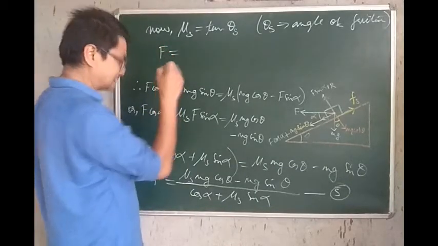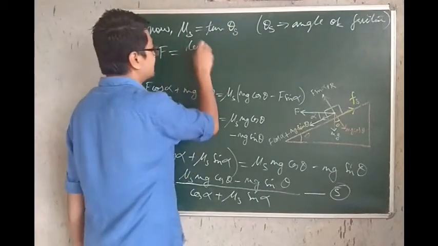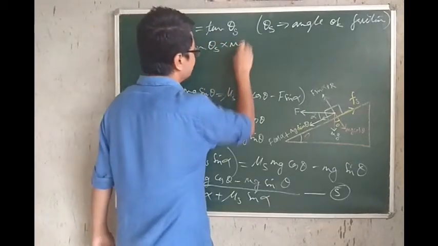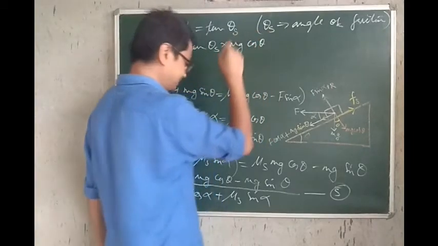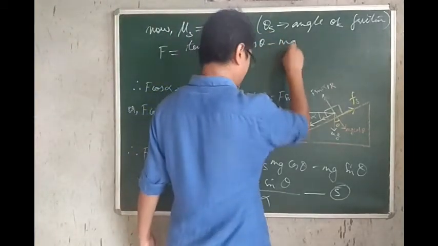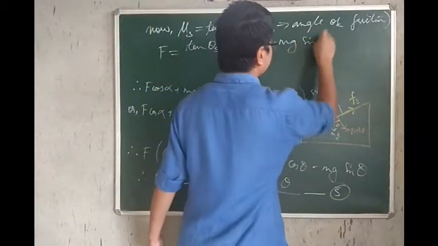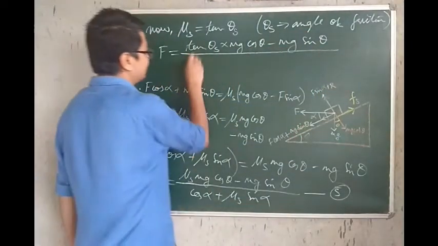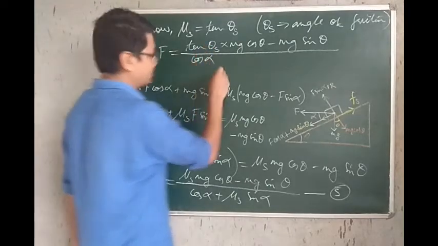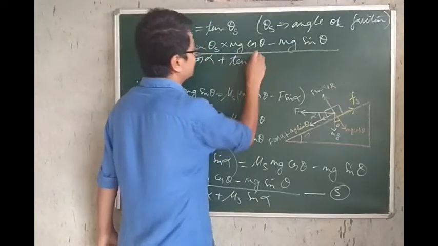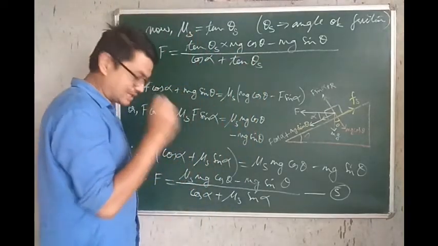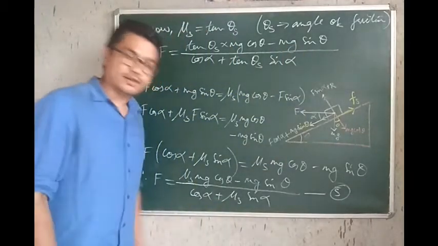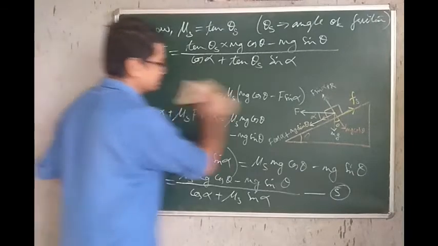So F is, instead of mu_s, you write tangent of the angle of friction into mg cos theta minus mg sin theta, the whole thing divided by cos alpha plus, again, instead of mu_s, we write tan theta_s into sin alpha. So let me erase this part also.